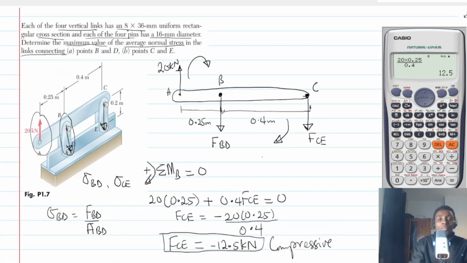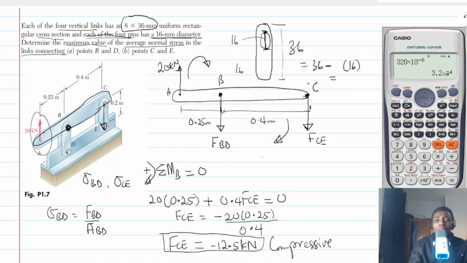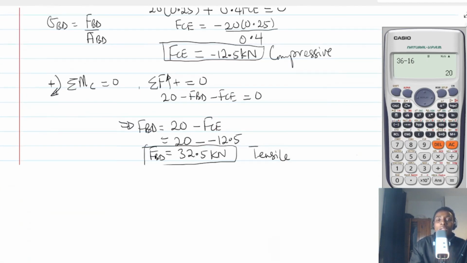It said that these vertical links have effective areas of 8 by 36, and each of the 4 pins has a 16 millimeter diameter. So 36 minus 16 is 20 millimeters.